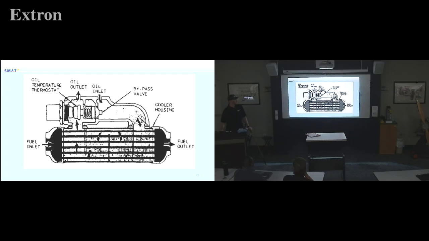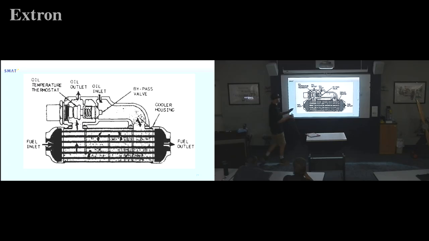Here is, I don't know, what is this thing? Is it an oil cooler or is it a fuel heater? All right, so it does both, right? It does a little bit of both. What controls if it's going to transfer? A vernatherm. Okay, so in this instance, are they going to look at fuel temperature or oil temperature? Oil temperature. So we've got oil inlet going across the vernatherm and out.